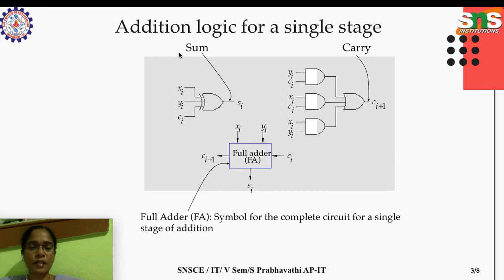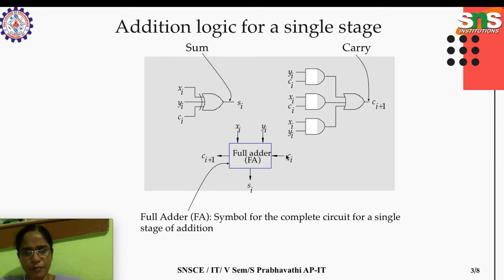Please concentrate, we are discussing signed numbers. Signed numbers means numbers which include both positive and negative. For simplicity, these two circuits, sum and carry, are combined to produce one logic circuit called a full adder. This is the symbol for the complete circuit of these operations.